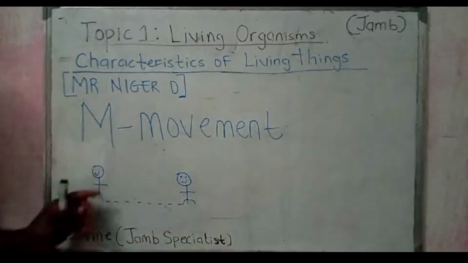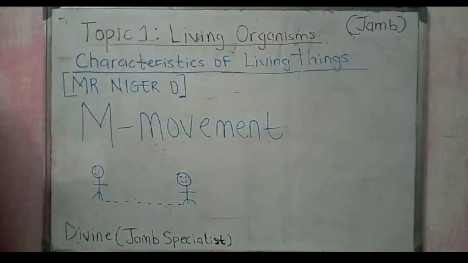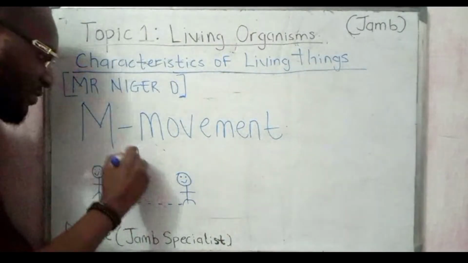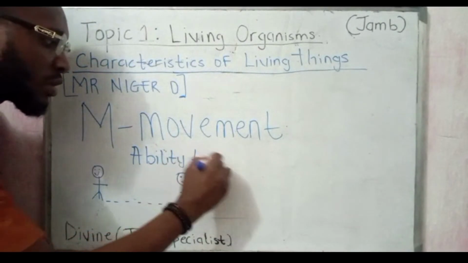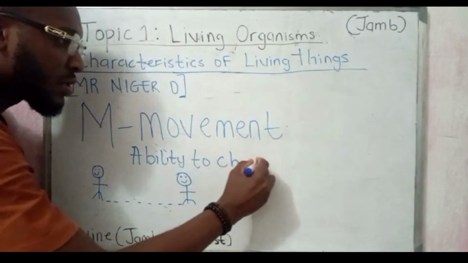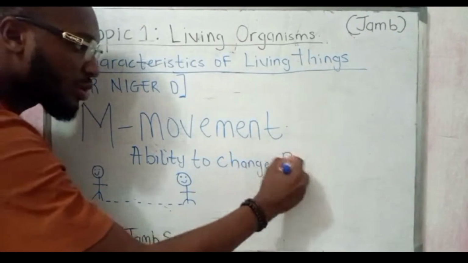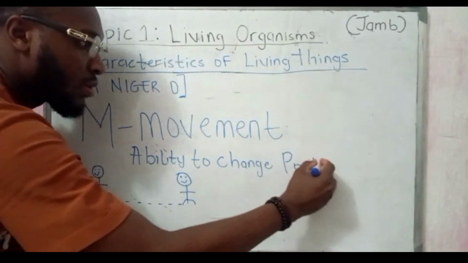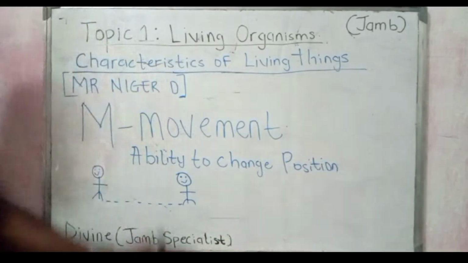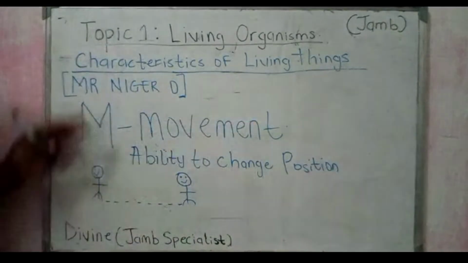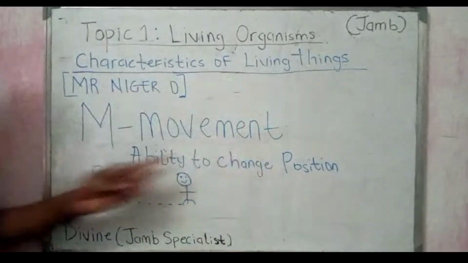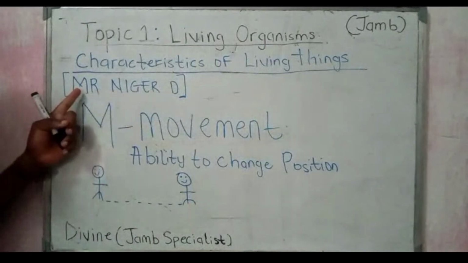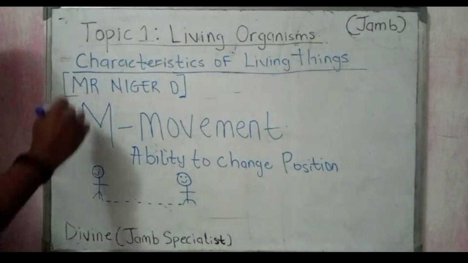So movement is the first on the list: the ability to change position. That is what movement means, the ability for living organisms or living things to change position. That is movement, M.